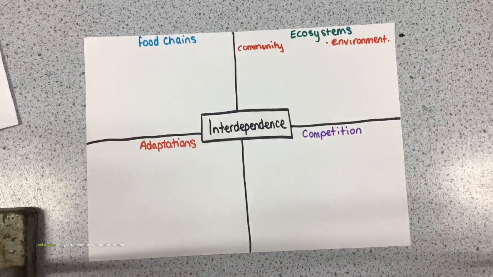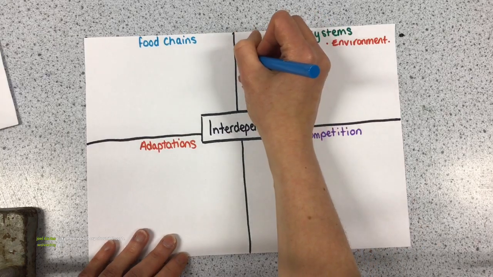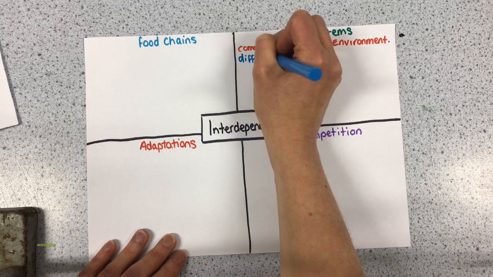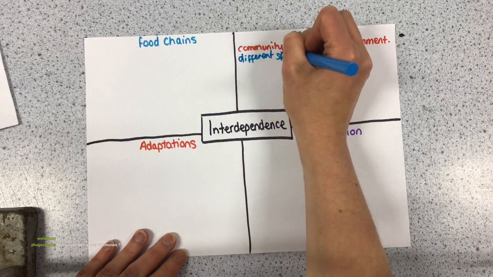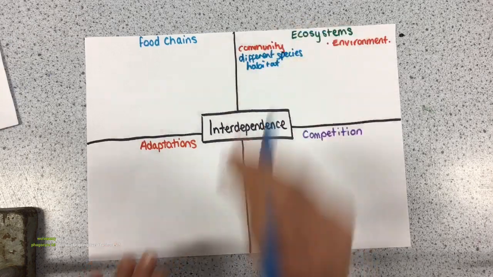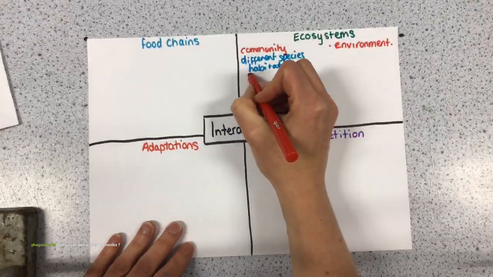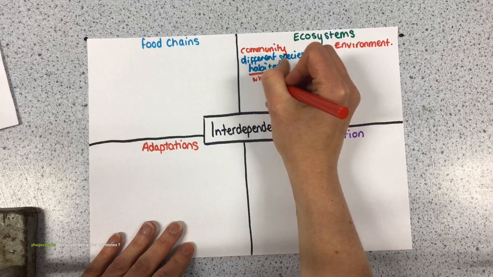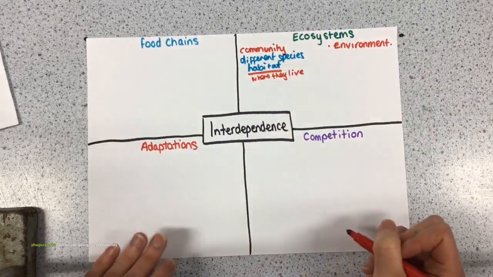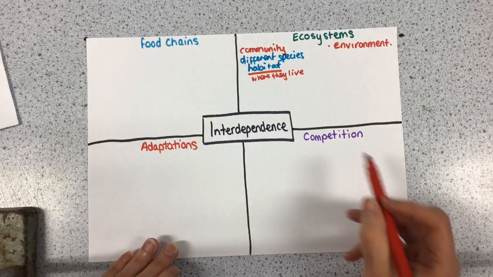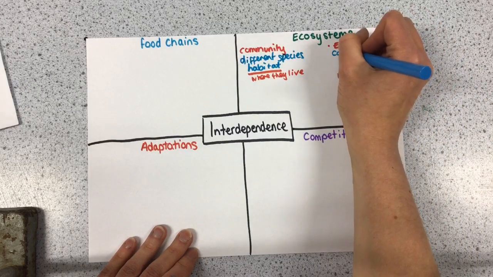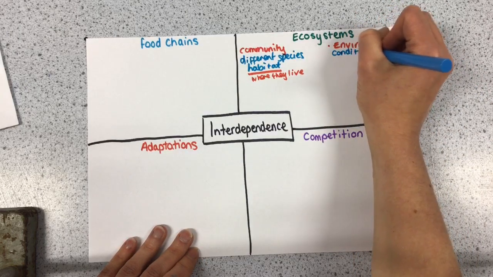Now, a community is the population of different organisms in the environment and different species in their habitat. Now, their habitat is the area where they live. Now, this also links to environment, because where they live is their environment, but environment also includes, in terms of ecosystems, the conditions there.